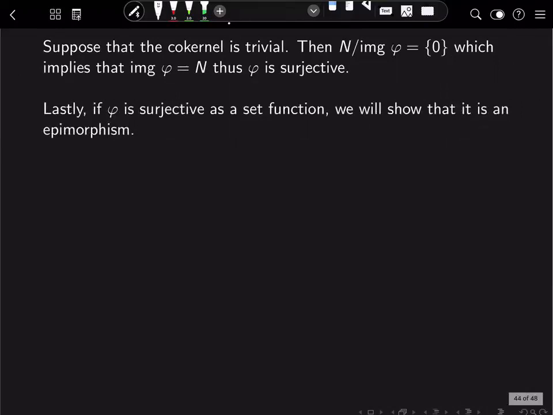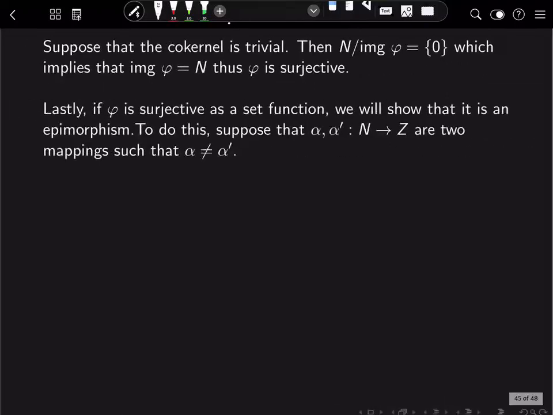And lastly, we're going to assume that phi is surjective as a set function. We will show that it is indeed an epimorphism. So suppose that we have two maps, alpha and alpha prime, that map N into Z. Now we're going to prove the contrapositive of the epimorphism condition.